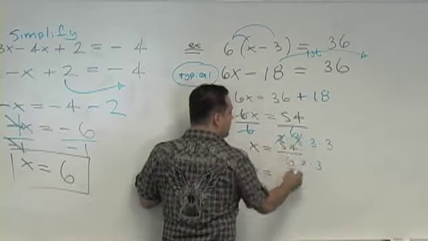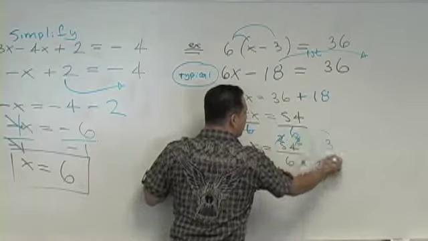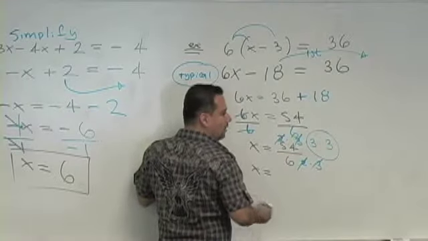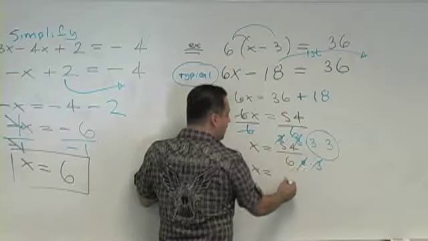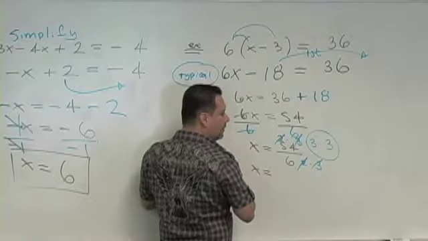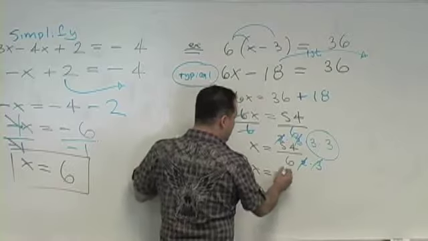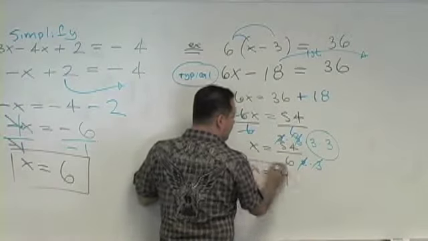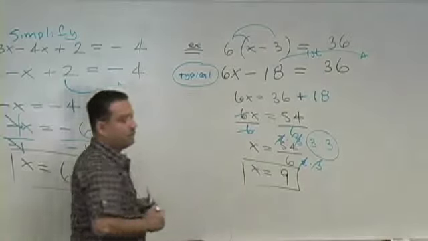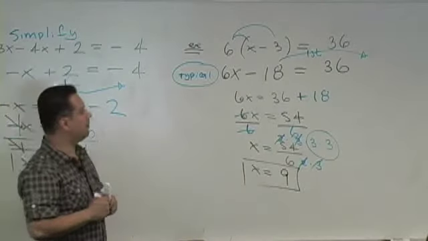What cancels? Oh, is it really 9? Okay, you could have done this. Where's the 9 at? Top or bottom? Is it top? Yes. Or you could have known that 54 divided by 6 is 9. Either way. Okay?